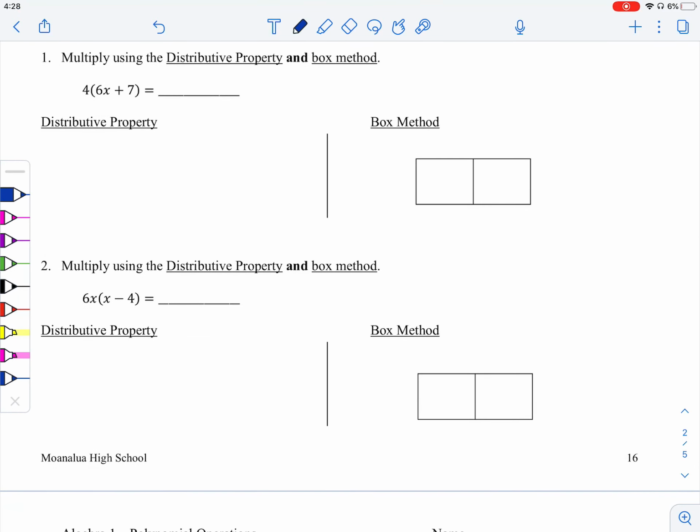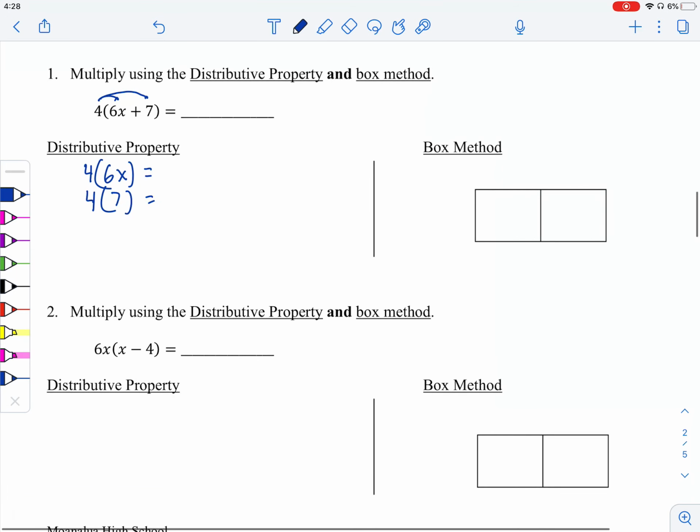Okay, so number one, multiply using the distributive property and box method. So we distribute the 4, right? So we're going to write these out. So we do 4 times 6x, and then we got 4 times 7. Those are our two terms that we're going to multiply out.